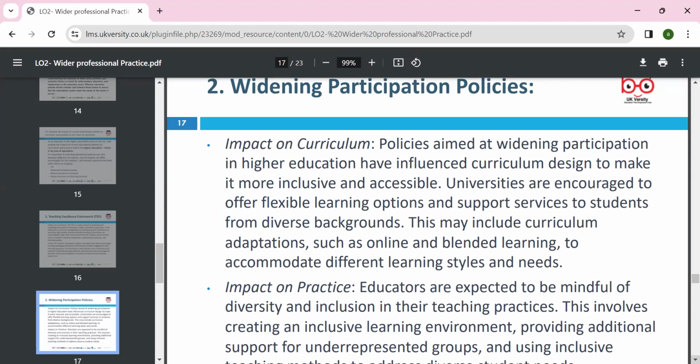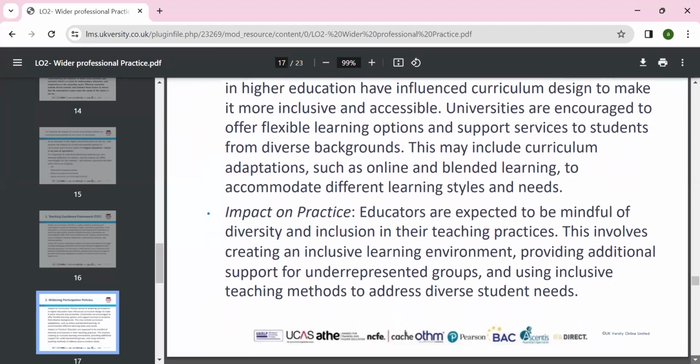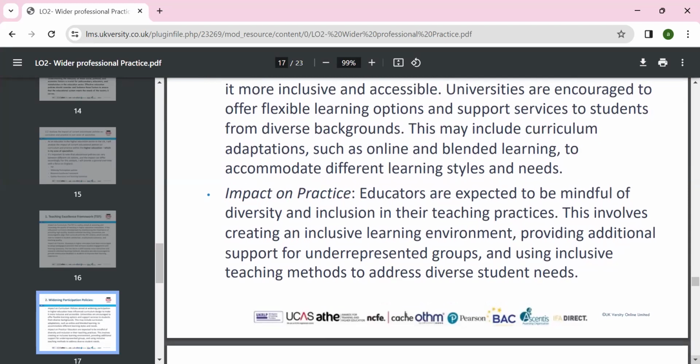This may include curriculum options such as online and blended learning that accommodate different learning styles. Of course, those are crucial, especially in apprenticeships, and even in any course really.